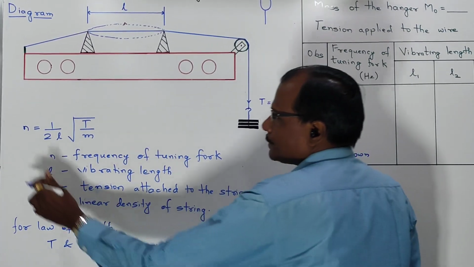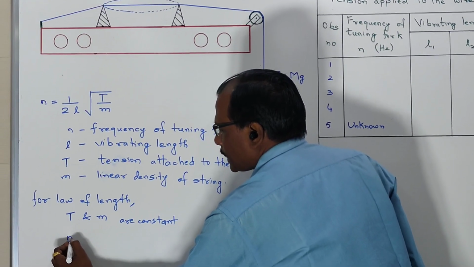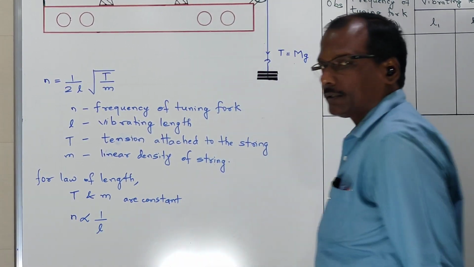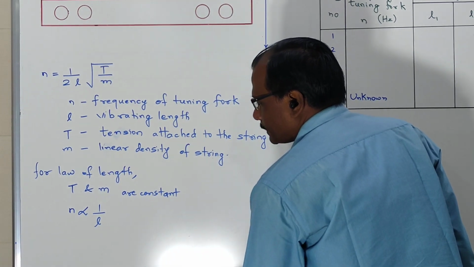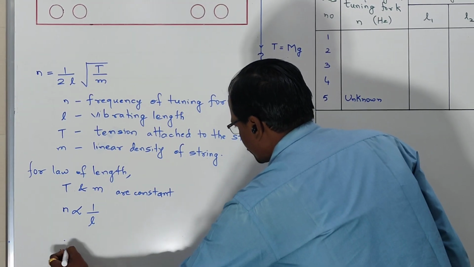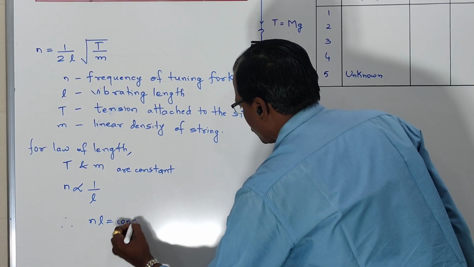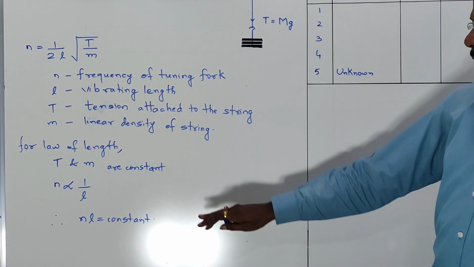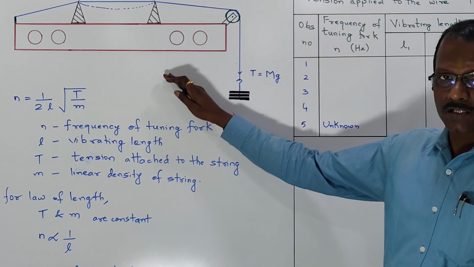So the factors that change are frequency and length, and because of that we come to know that frequency is inversely proportional to vibrating length. That means nL is equal to constant. In this experiment we will be proving that nL is constant.